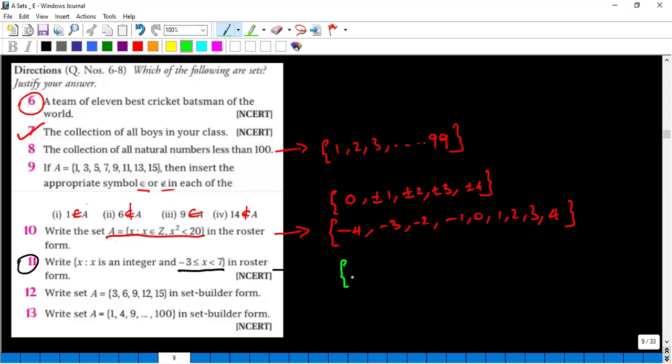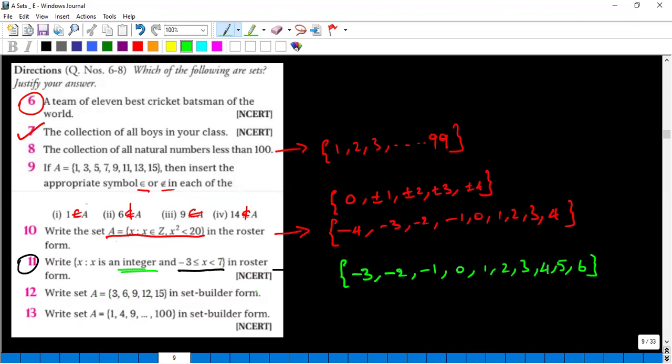Minus 3 is included, so I will start with minus 3. I want only integers. Next integer is minus 2, minus 1, 0, 1, 2, 3, 4, 5, 6, not 7. 7 is not included because they have given less than only, not less than or equal to.